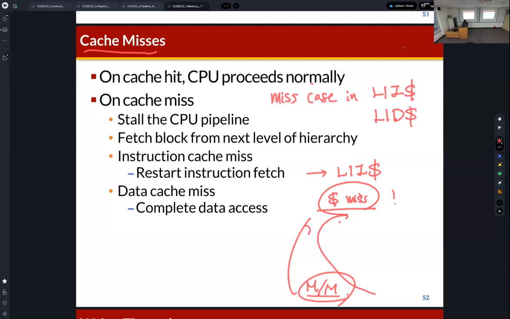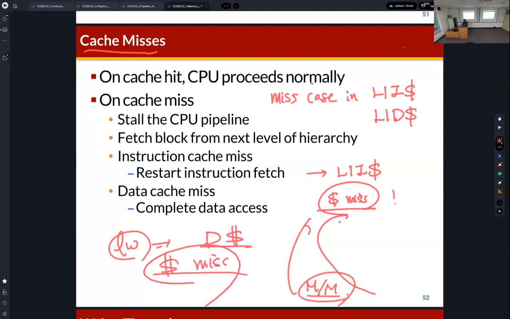The data cache is the same. A load word is executed, and the load word accesses the data cache, but a cache miss happens. Then the load word needs to stay until the data is transferred from the main memory. In the pipeline, the load word is in the memory stage, but a cache miss is encountered, so it needs to stay in the memory stage.